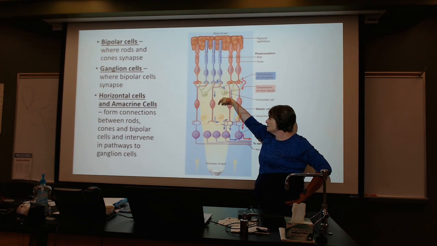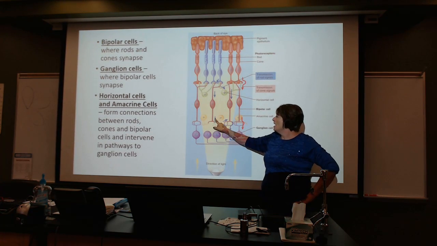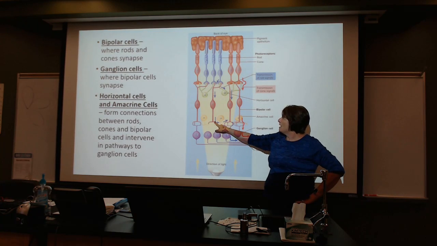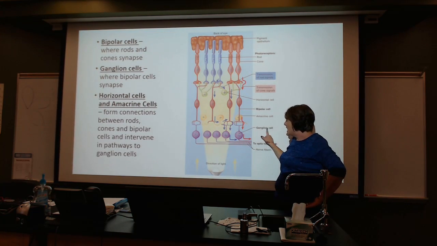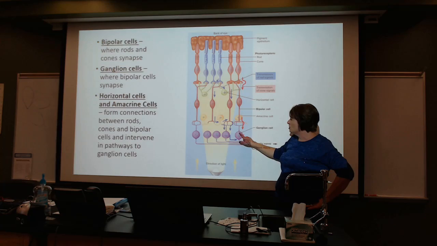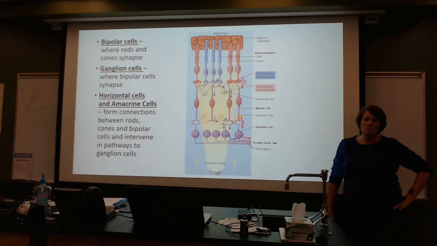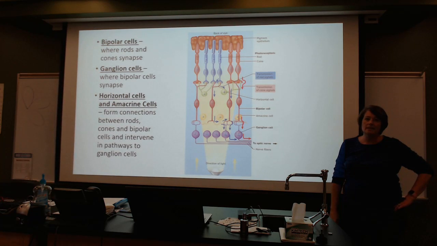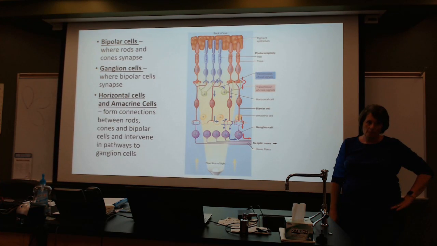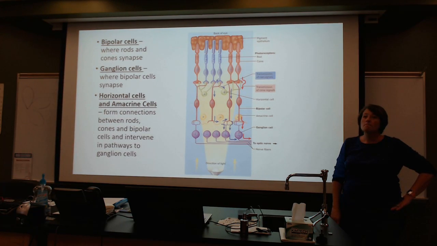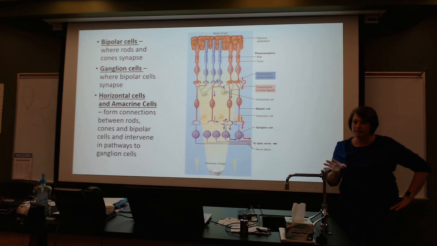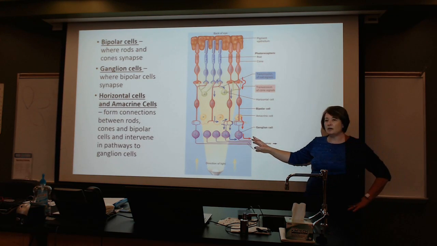So my stimulus continues to move down. As I move down, like through the bipolar cells, I'm going to end up getting to a ganglion. Do you happen to remember what a ganglion is? Nerve cell body. Where we've got some nerve cell bodies.